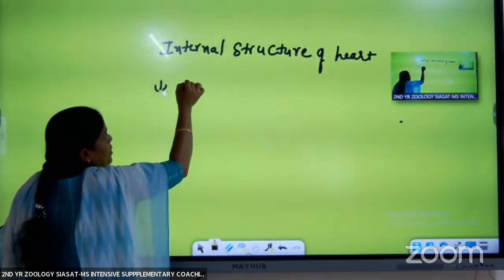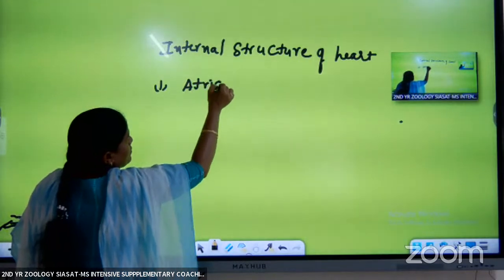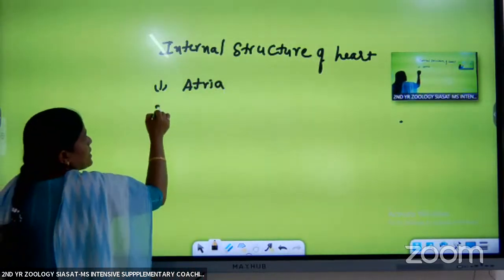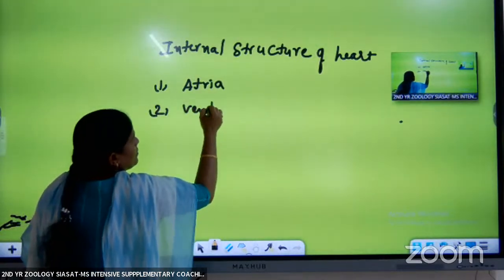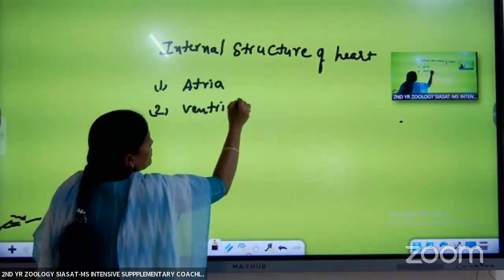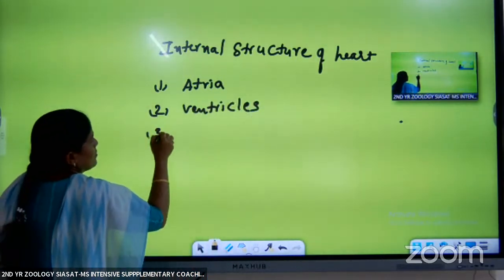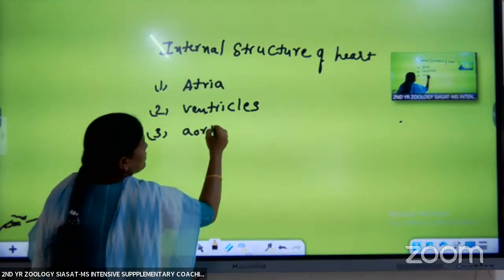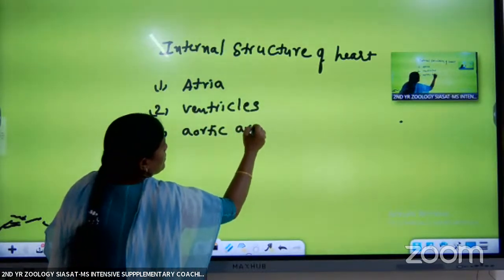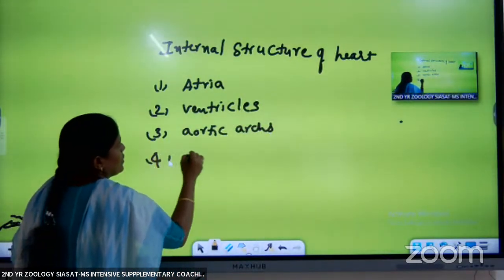First chambers, the upper chambers, are called the atria. Next, second is the ventricles. Third, the aortic arches. Fourth, nodal tissue.